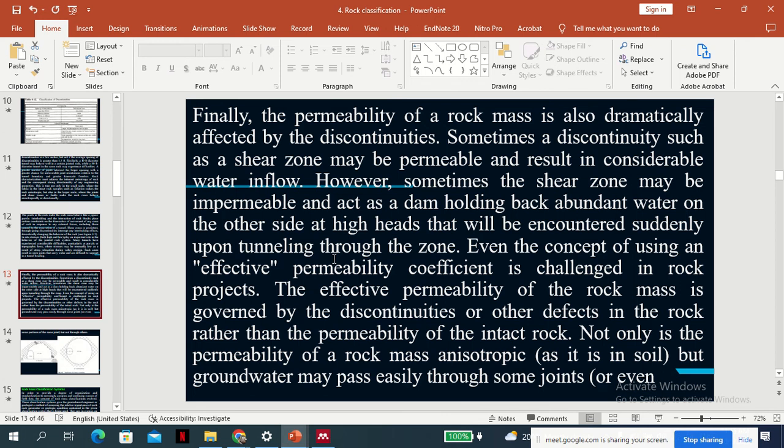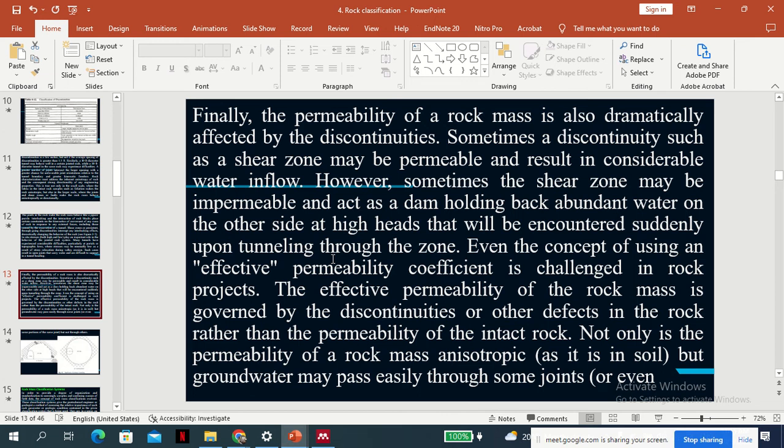Even the concept of using an effective permeability coefficient is challenged in rocks, because when we are designing, we like nice values, like saying the permeability of this rock mass is so much. But you can see with all this the possible different sizes of joints, and the effect of the shear zone.